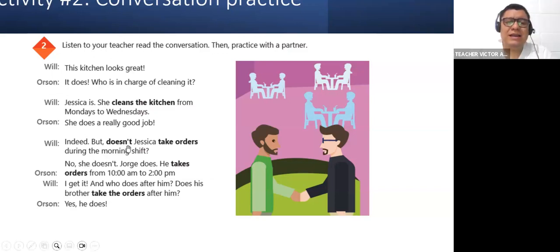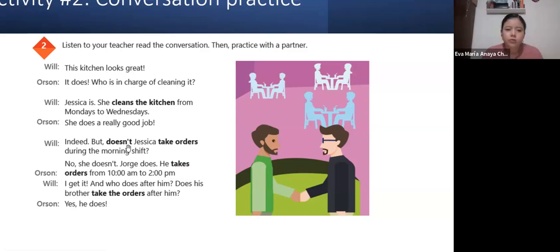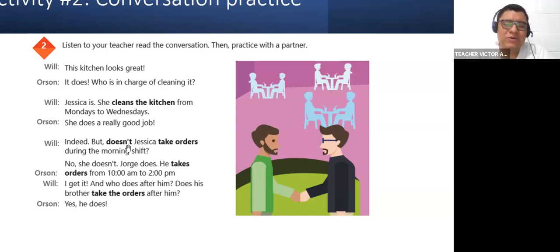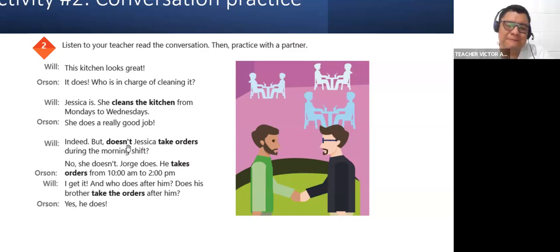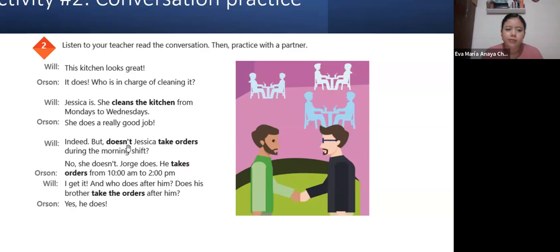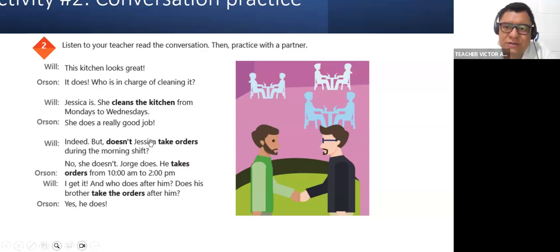Indeed is like an example, like when we say, for example, that's kind of what it means. Or another way to use indeed, how can I tell you that one? I'm going to write it here so it's clearer.